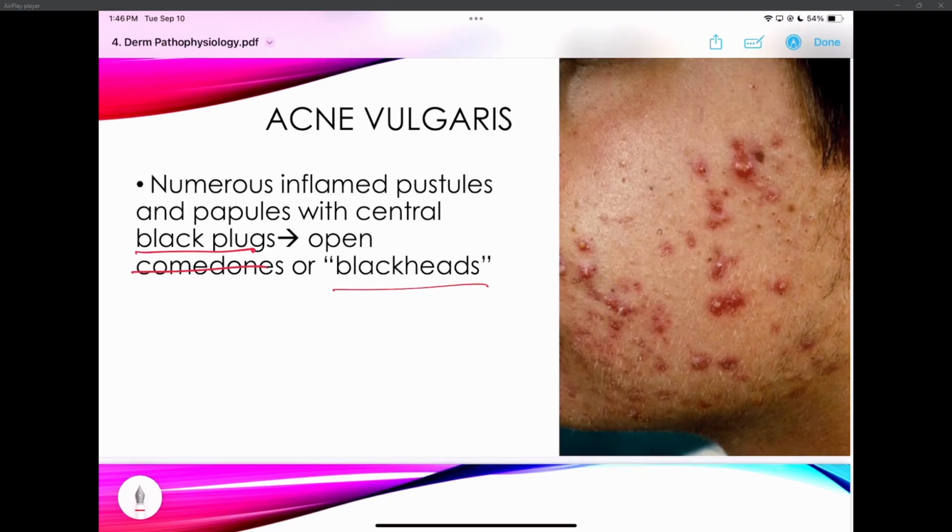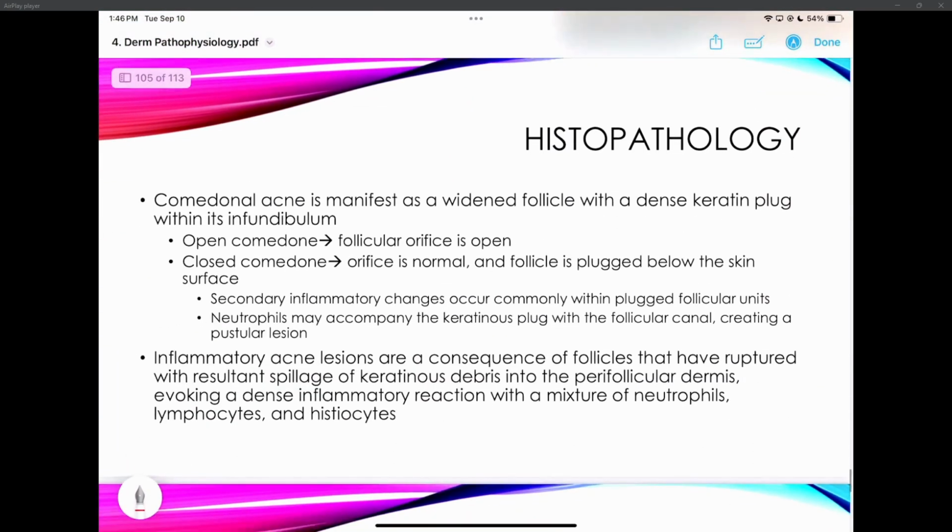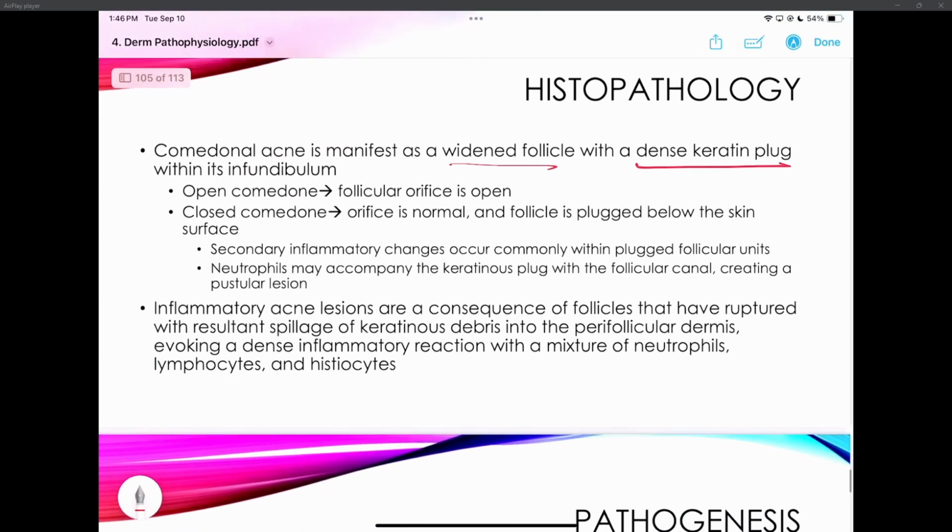Those are open to the environment. Okay? So comedonal acne manifests as widespread follicles with a dense keratin plug within the hole inside. So again, in an open comedone, the orifice is open. In a closed one, the orifice is normal, but the follicle is plugged below the skin surface.